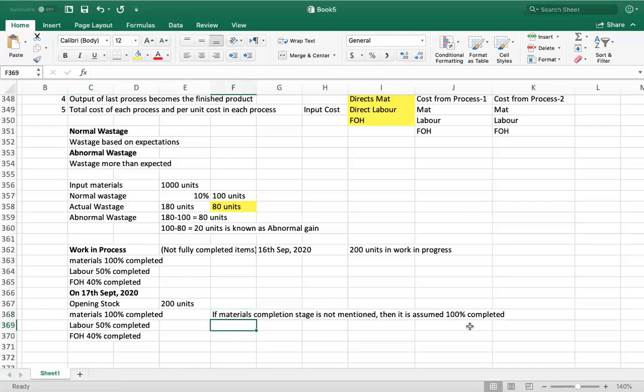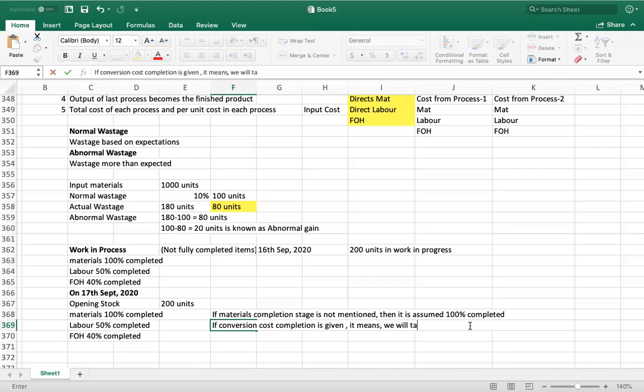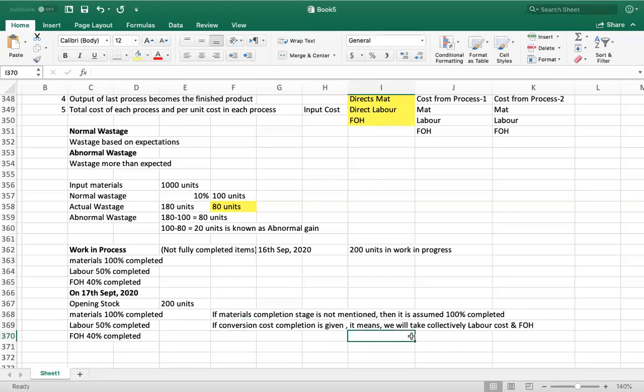If conversion cost completion is given, it means we will take labor and factory overhead collectively. Conversion cost means labor cost plus factory overhead.